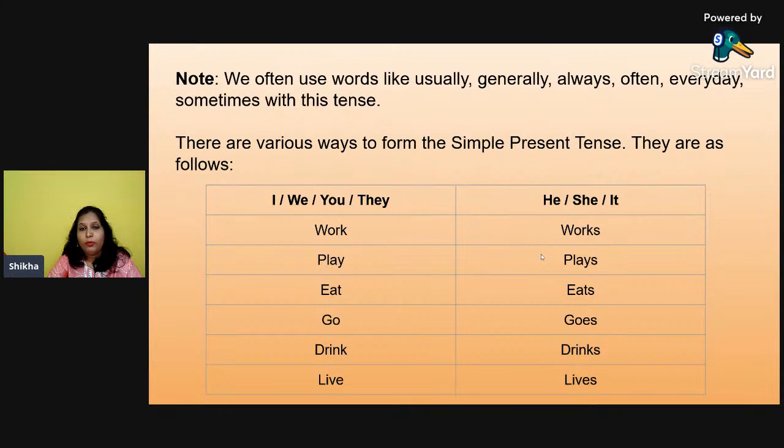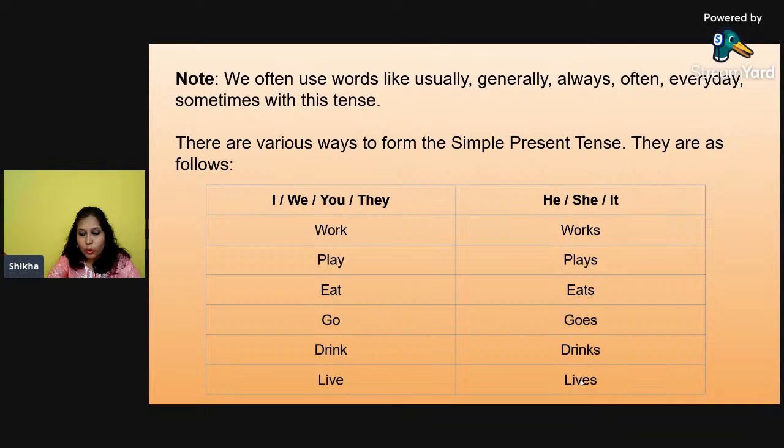But when we are using third person pronouns like he, she, it, the verb changes and we have to add s to the verb. So work becomes works, play becomes plays, eat becomes eats, go becomes goes, drink becomes drinks, live becomes lives.